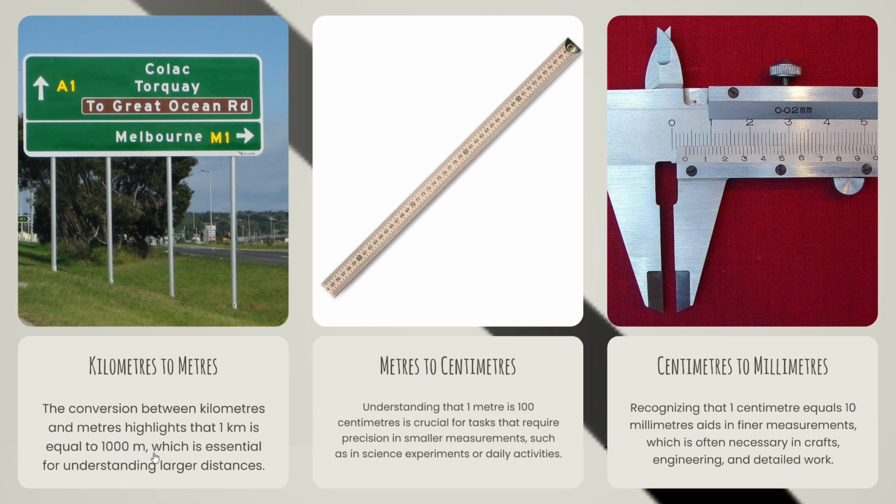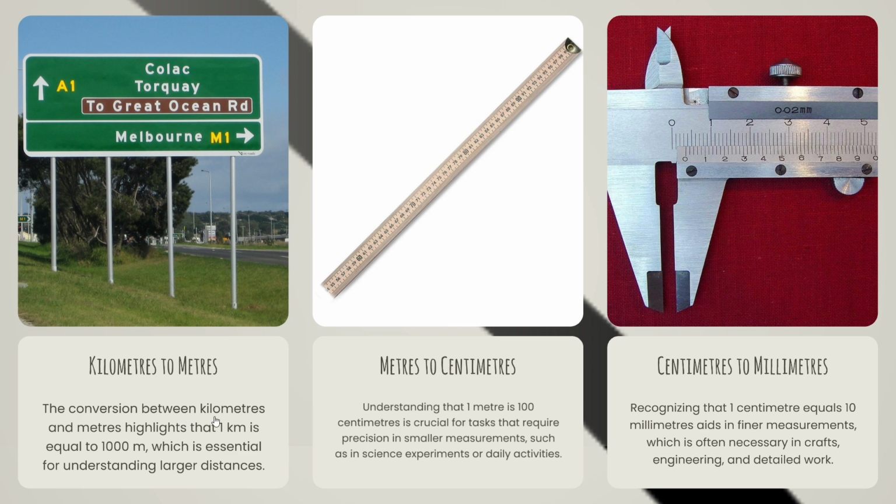We studied that the SI unit of length is the meter. Shorter measurement units are centimeters and millimeters, and there is a higher unit for measuring length, that is kilometers. So we are collecting the relation between kilometers and meters, and meters, centimeters and millimeters.